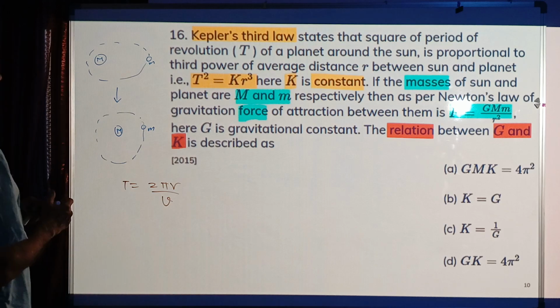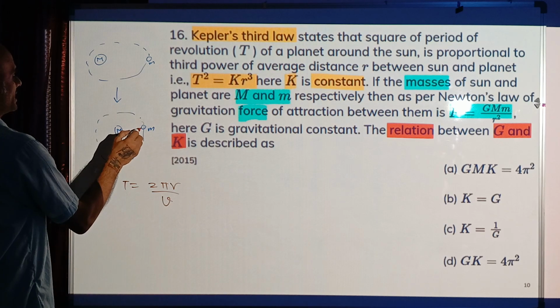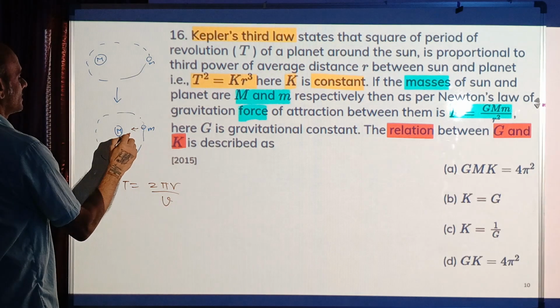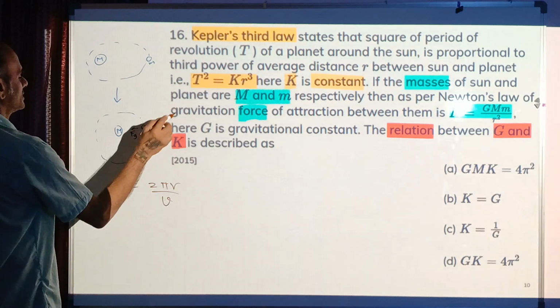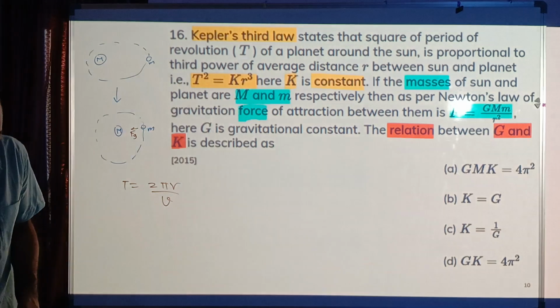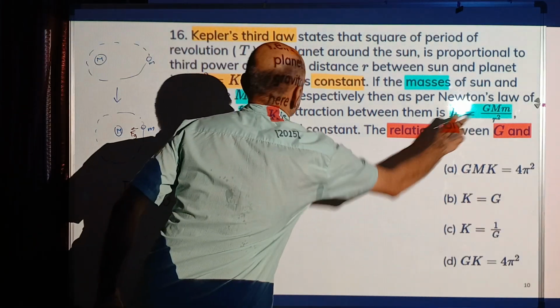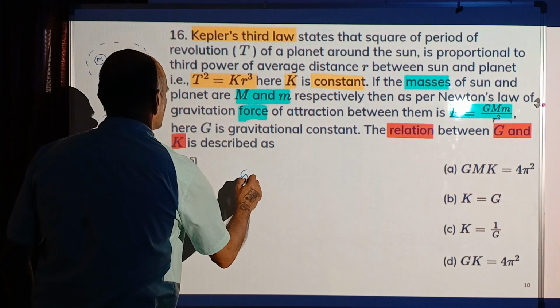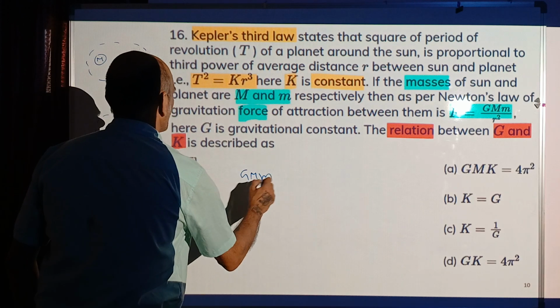Okay, and also force has to be in balance. So this is the gravity force, and there is a centrifugal force. The gravity force is given by Newton's law of gravitation, GMm by r square.